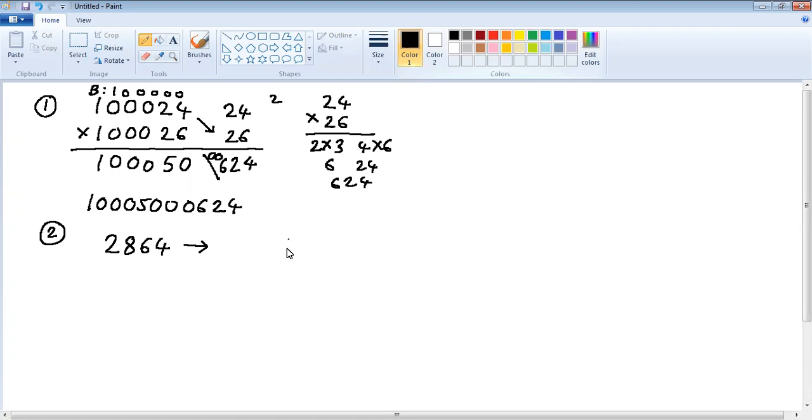So 4 will remain as it is. 6 is above 5, so take the complement. The complement of 6 is 4. Put a dash, add 1. Now, the very important part is that you should not just add; this becomes 9, and you take the complement of 9, that is 1. Put a dash, add 1. 2 plus 1, 3. So the answer is 3 bar 1 bar 4 bar 4.